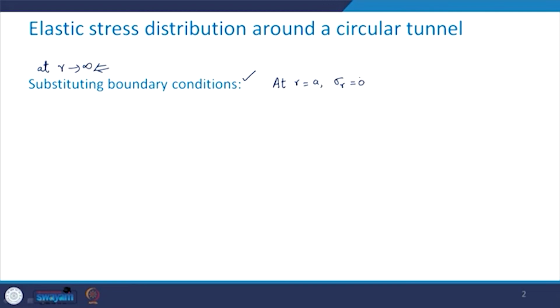When sigma r is equal to 0, the expression we are going to have is half Sx plus Sy plus half Sx minus Sy into cos of 2 theta, which was the expression for sigma r.